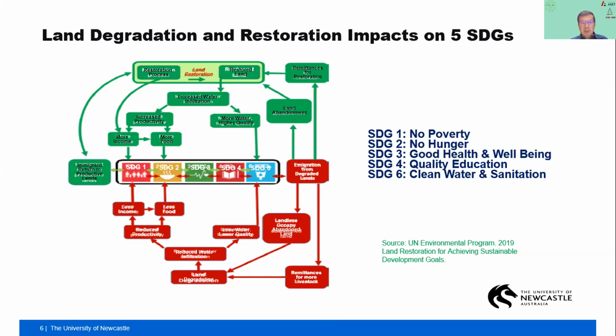If we see here, I will show that land degradation reduces water infiltration. When the land has problems with water, in terms of irrigation and permeability, it reduces the productivity of the land, so it is less fertile, and we have less income and less food, which impacts SDG 1 and 2.